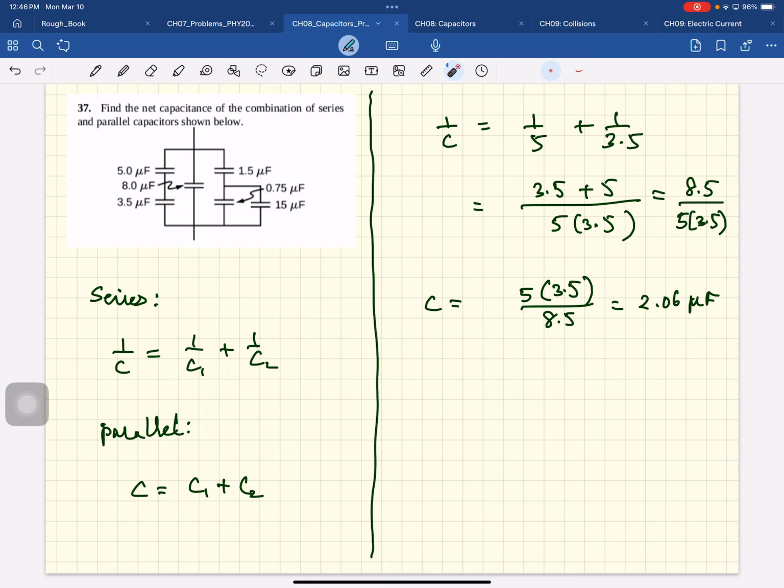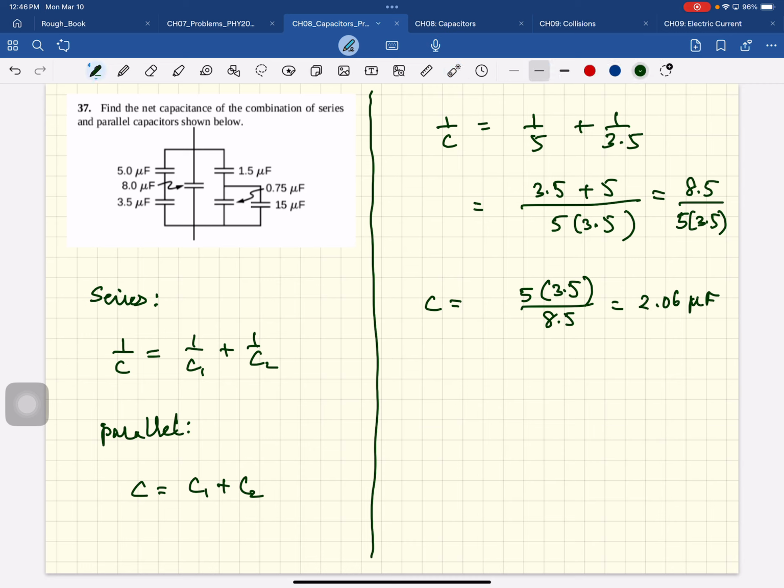And you can see this guy is smaller than 3.5. Okay. So a series combination, you always get a smaller capacitance. Okay, and this parallel combination, this will be just the sum of those two, so it'll be 15.75 microfarads.